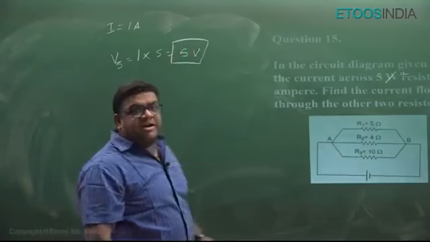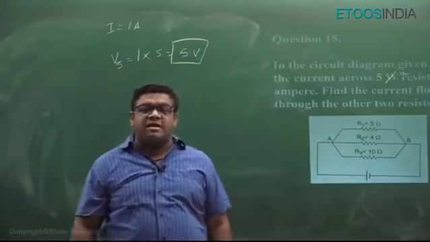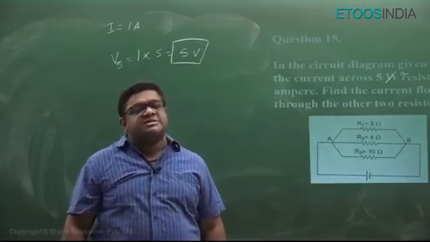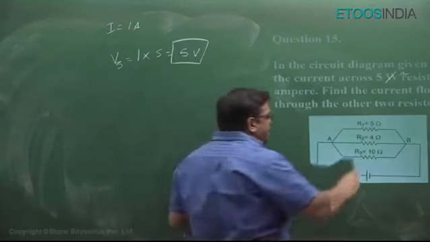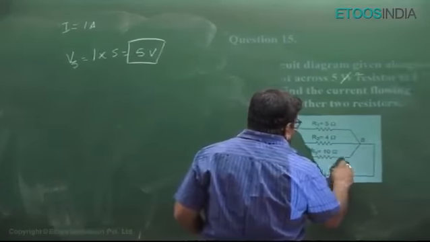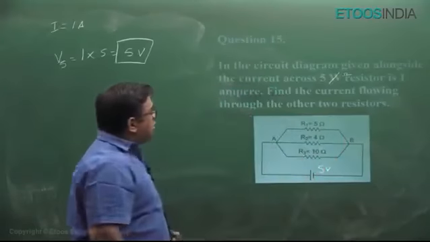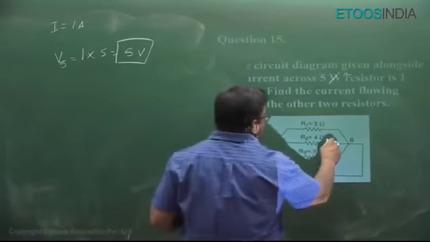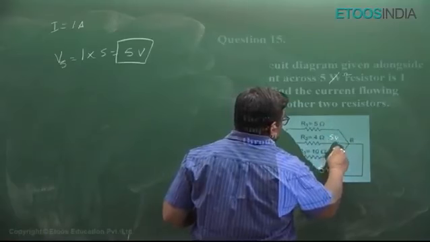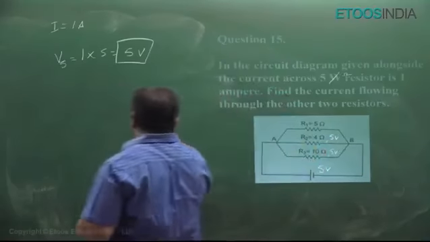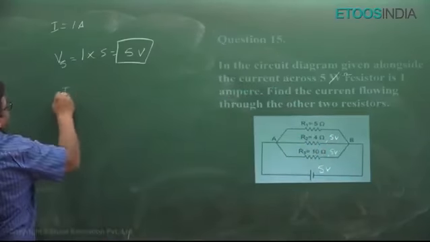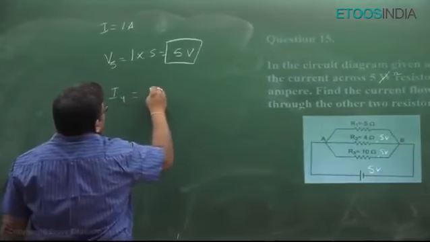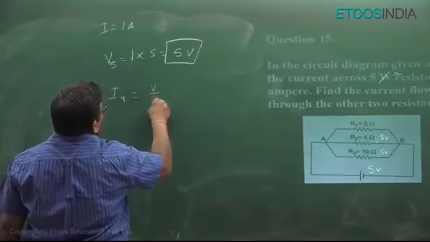Now we know that when resistors are all connected in parallel, everyone will have the same potential difference. So I can write that the potential difference is 5 volt for each. Got it? So find the current flowing through the other 2 resistors. Now I know that it is also 5 volt, it is also 5 volt. So finding out the current in each, I'll write I4, that is V upon 4.